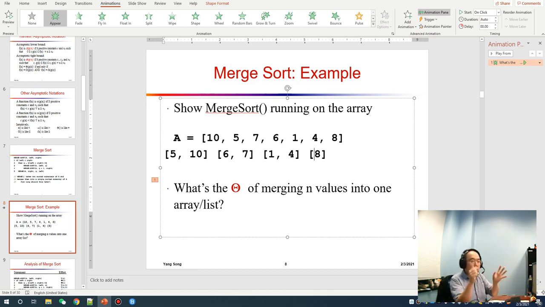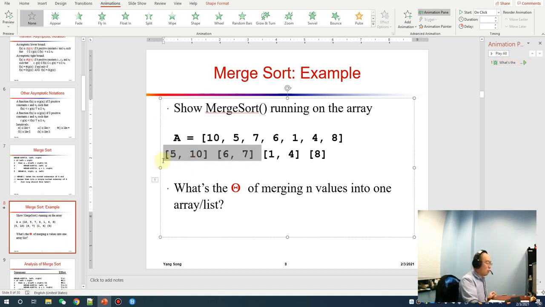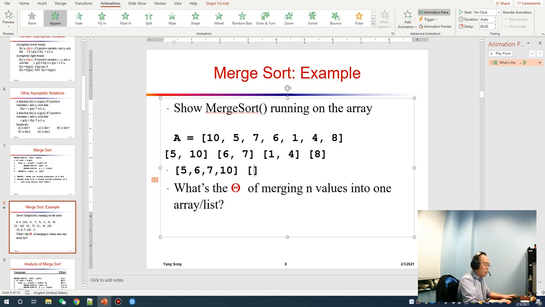We are merging all of the leaves together into 2 item lists. And then we are going to do another merge. So we merge those two, and what are they? It will be 5, 6, 7, 10, right? So we merge those two, we got 5, 6, 7, 10, and how about we merge those two? That will be 1, 4, 8.